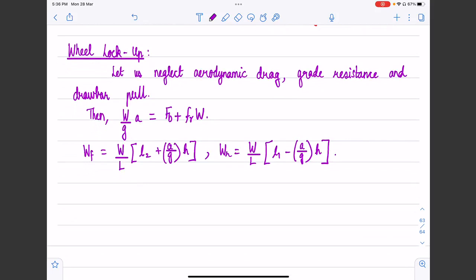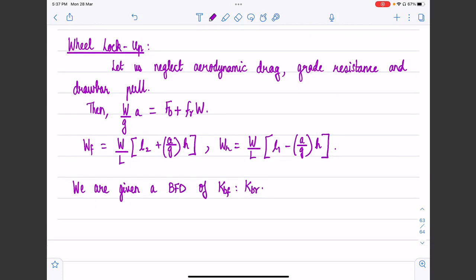Now, we are given a brake force distribution of KBF is to KBR. Suppose someone tells us that the brake force distribution is 60-40. That means that KBF is 0.6, KBR is 0.4.